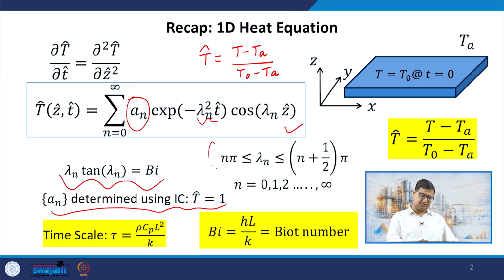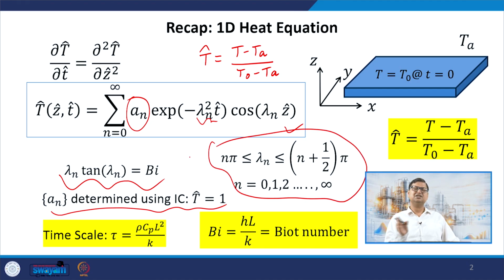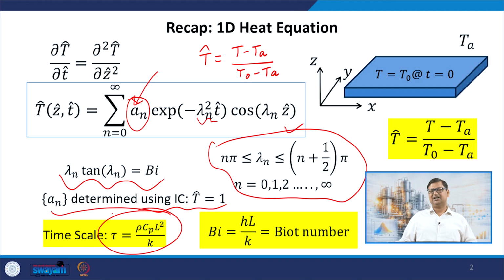I did not consider the negative ones because T cap is an even function in lambda n, and whatever factor we have as a result can be included in the coefficients an. We have already figured out there is a time scale tau in the problem that contains all the important variables, and I use that time scale to define dimensionless time T cap as t by tau, and there is another dimensionless variable here, the Biot number hL by k.